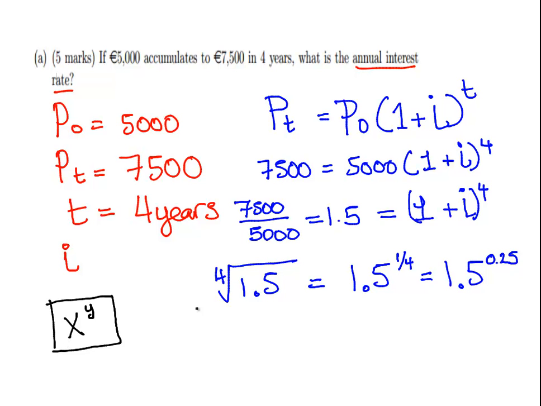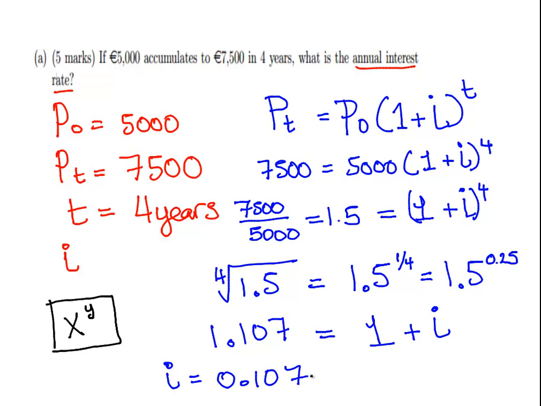That is equal to 1.107, and that is equal to 1 plus I. So the interest rate I is equal to 0.107, or in other words, 10.7%. And that is the answer to the second one. So that ends this presentation on short financial maths questions.